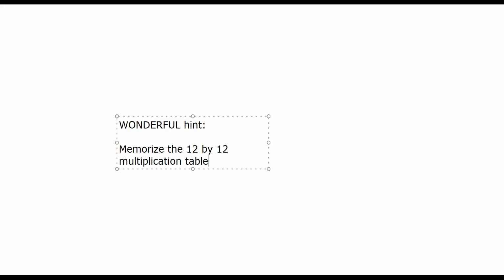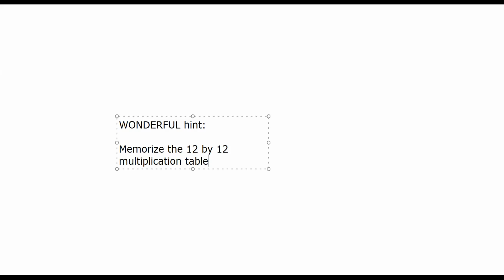And so you're going to want to memorize the 12 by 12 multiplication table. You already got it? Very nice. If you don't, you can do it in 15, 20 minutes. Find a YouTube video that has some kind of snazzy little trick for teaching you to remember the 12 by 12 multiplication table. But trust me, you're going to need to know that, especially for this course.